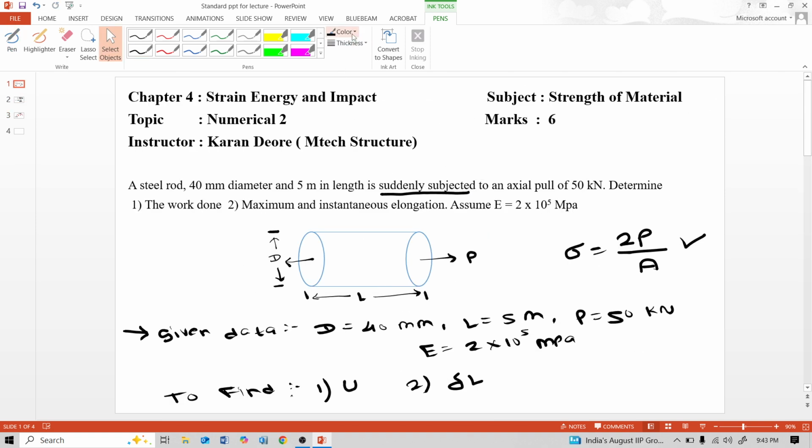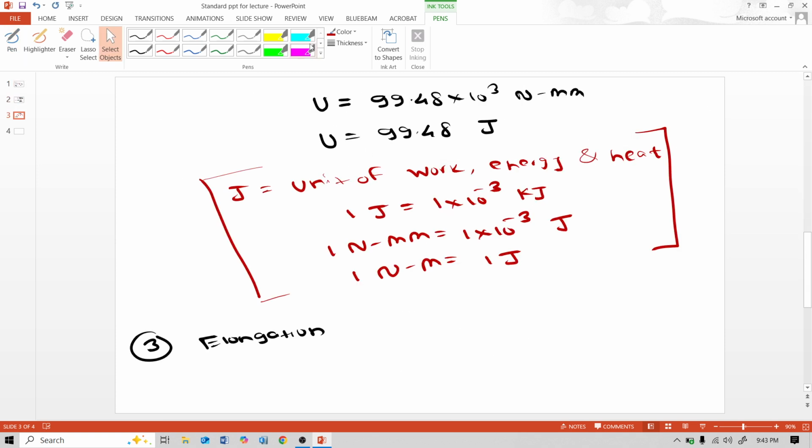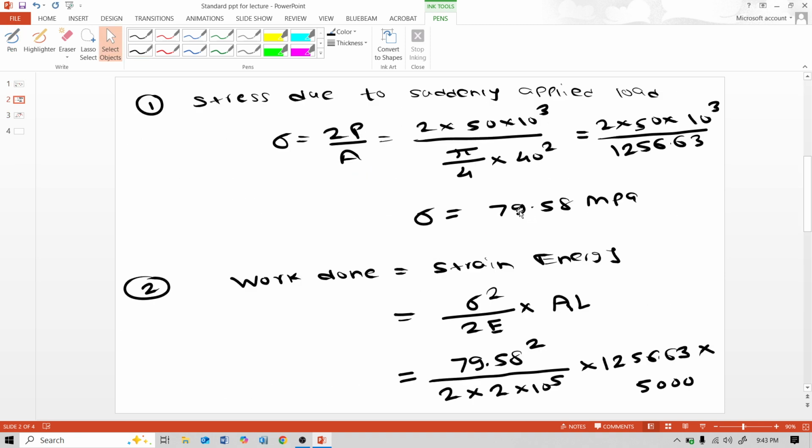Due to this applied load P, the body deforms, and this change in length is the elongation. The formula for elongation is sigma L upon E. Sigma is the stress, 79.58 MPa.